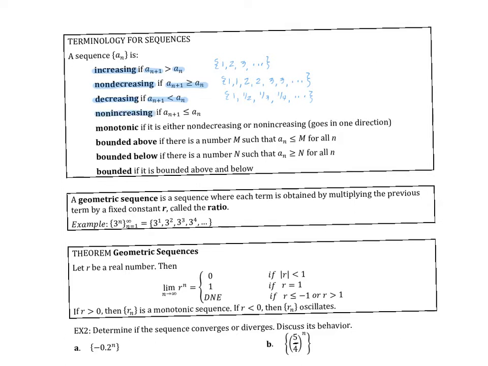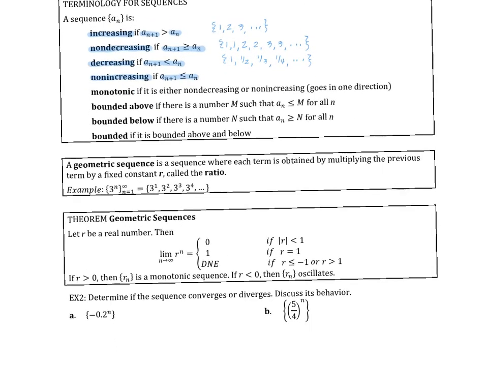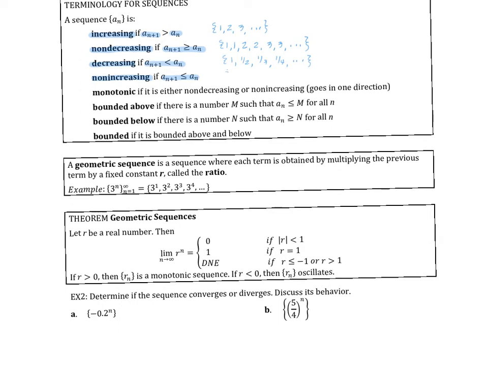Non-increasing is similar to decreasing, except the terms can be equal. So we could have 1, 1, 1, 1, and that's actually non-increasing because we're allowed to have the terms be equal, or we could throw in some halves, some thirds, some fourths.